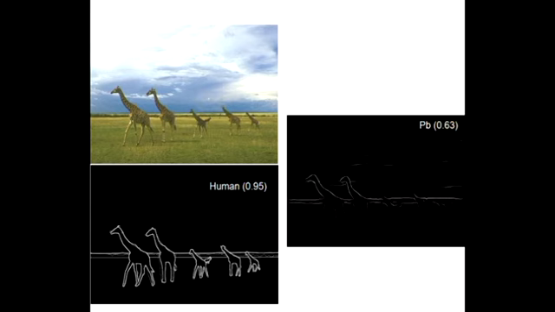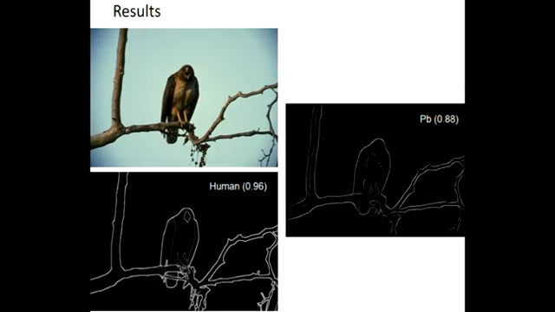Also, giraffes are kind of camouflaged, so they're not easy to detect based on color or brightness or even texture among the legs. We can detect it more easily because we can find this really easily, and then we know it's a giraffe, and so we can infer very accurately the location of all the other important ingredients.